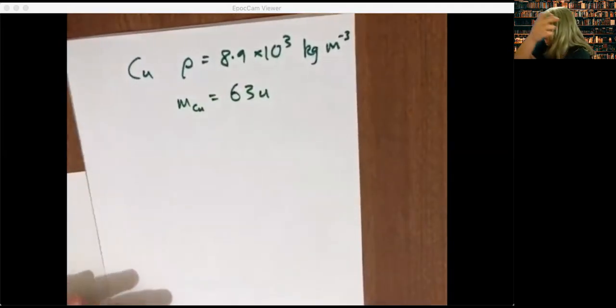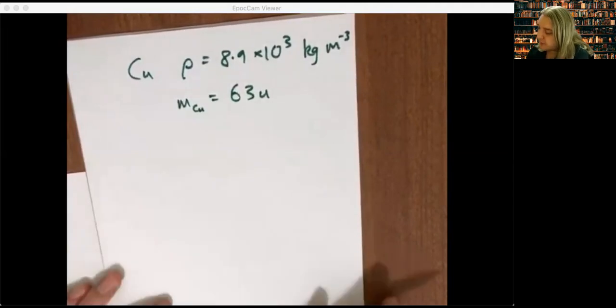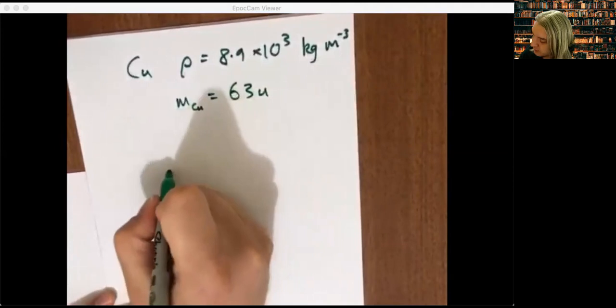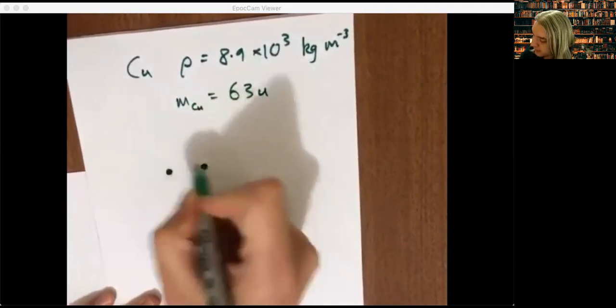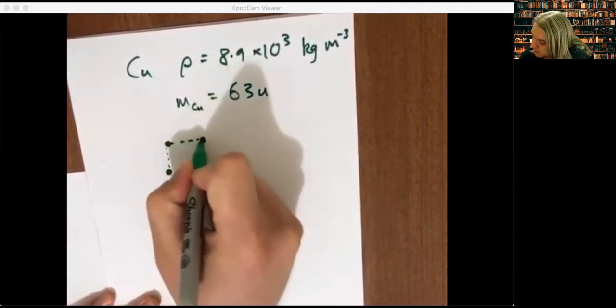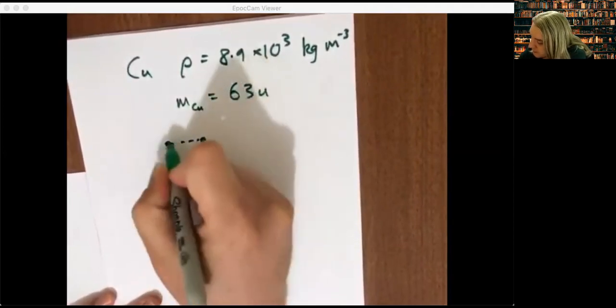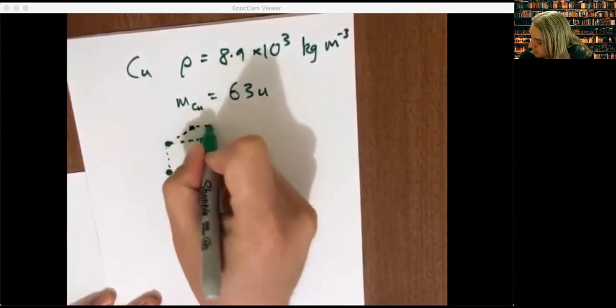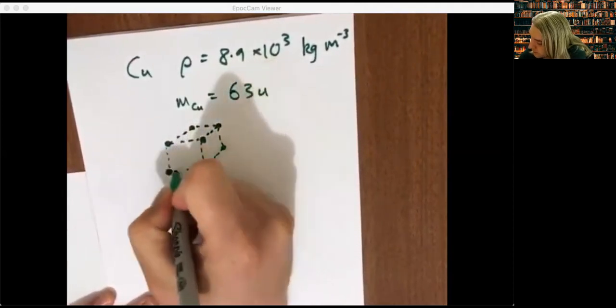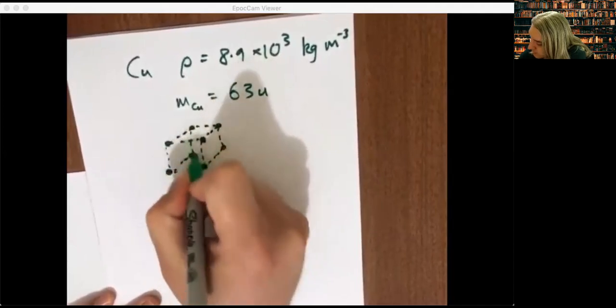So we've got to make a few assumptions to do this. We haven't been told anything about the actual structure of copper when it's in its metallic form, when it's in its solid form. So we're going to make an assumption. We're going to say, all right, well, let's just pretend it's a really simple grid pattern, all right? So we get 4 and these bond to each other, all right? And then they'll bond with ones that are a little further back, all right? And so if you have 8 of them, then you get this cube.